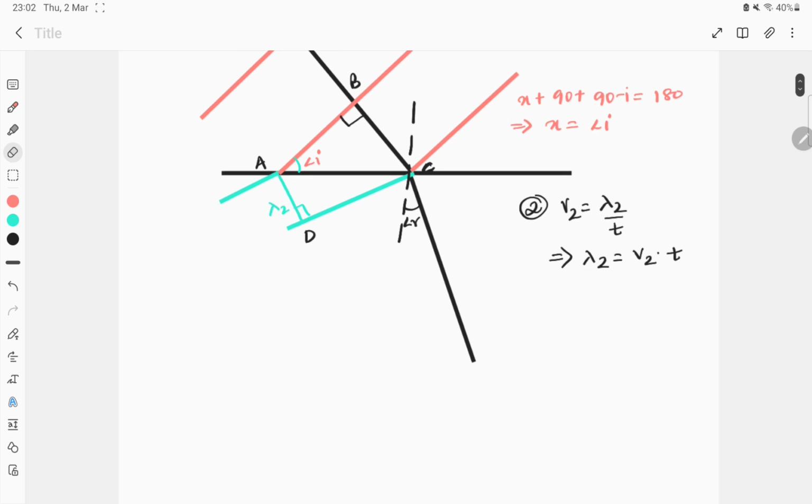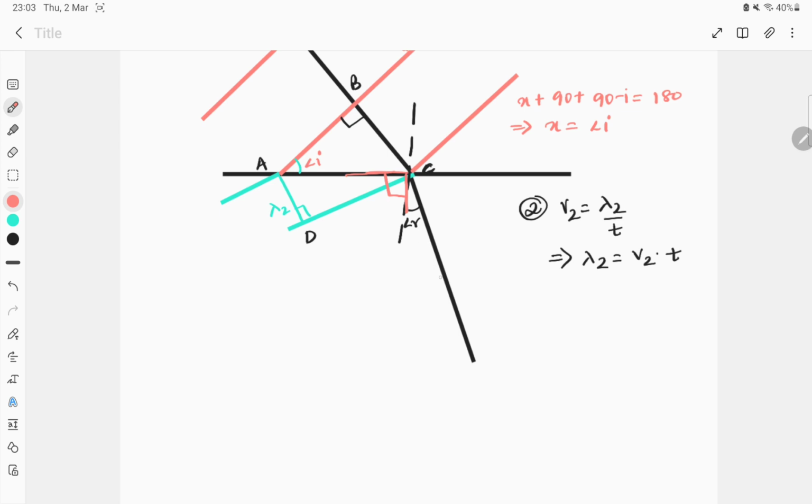Now I move on to the second part. Understand this. This angle over here is 90 degrees, right? Also, this angle here, the interface and the normal, is also 90 degrees. Correct?